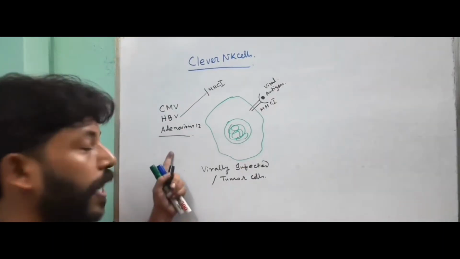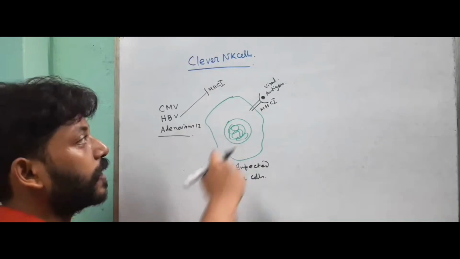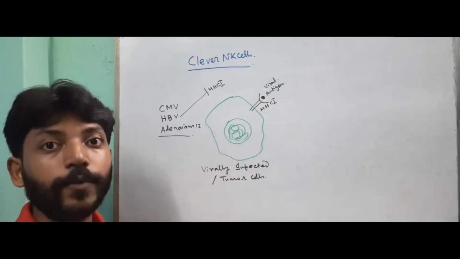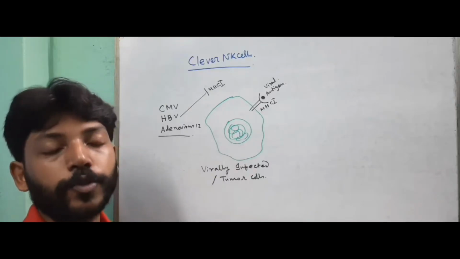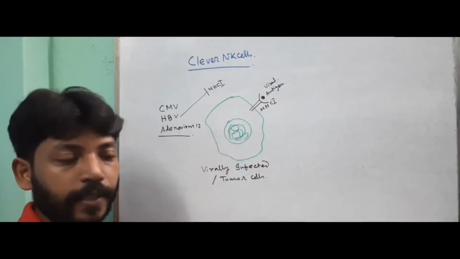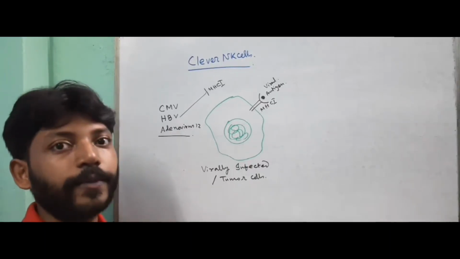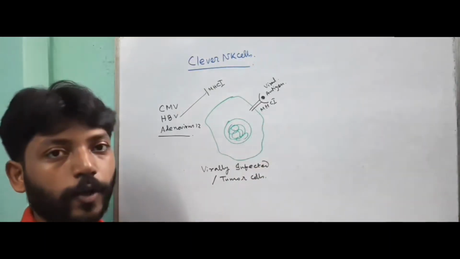But some viruses are clever, so they target this MHC-I molecule so that the antigen cannot be presented to the immune system. Because when MHC-I presents antigen, it is recognized by other immune cells like TH cells and TC cells, because MHC-I is recognized by TC cells.